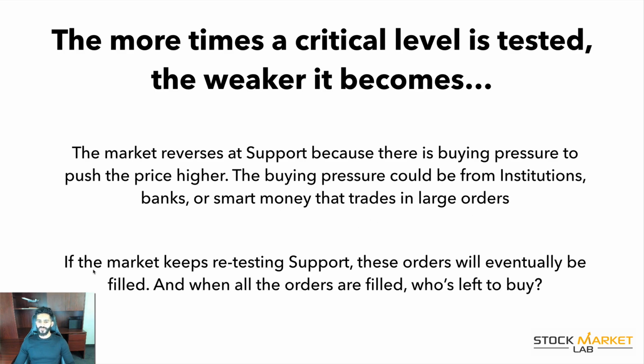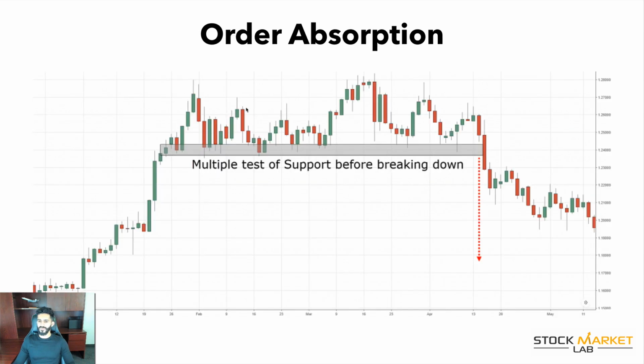Now, if the market keeps retesting support, these orders will eventually be filled. And when all the orders are filled, who's left to buy? So if a support level keeps getting tested over and over again, there is a possibility that all the orders are getting absorbed.